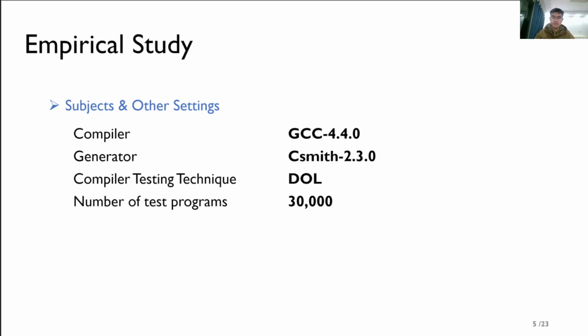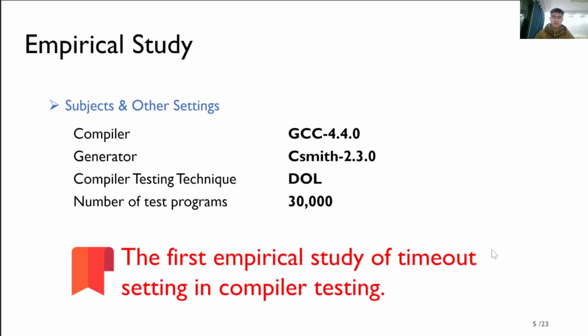Specifically, we choose GCC 4.4.0 as subject to compile these programs into executables with the O0 option. Next, we run each executable and collect its execution time. This is the first empirical study of timeout setting in compiler testing.